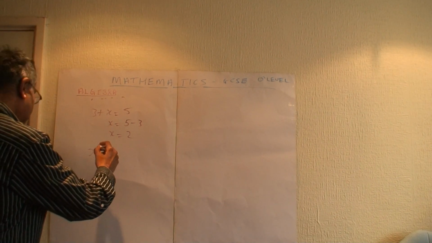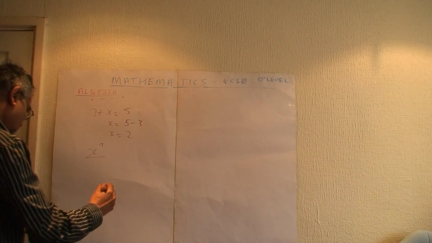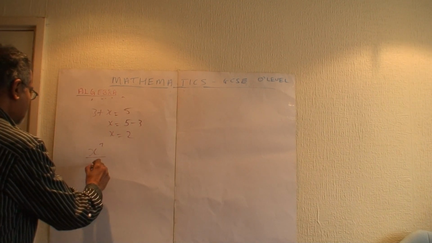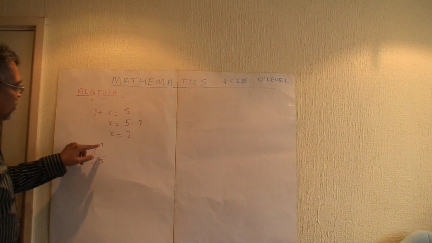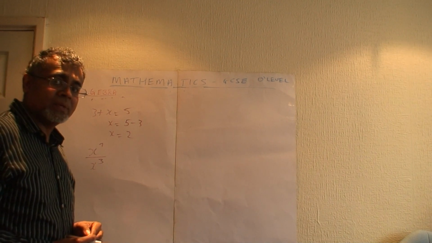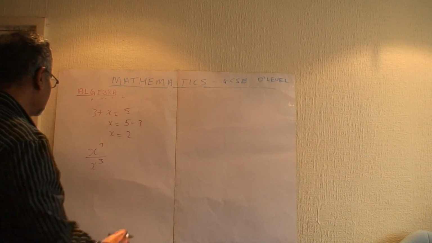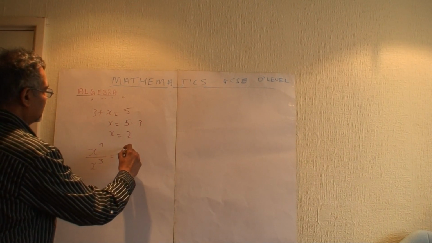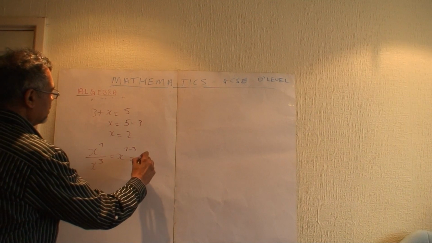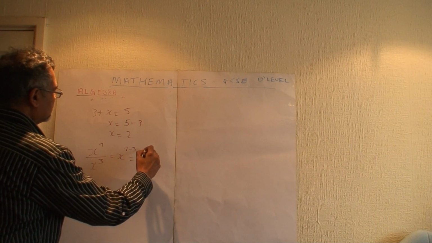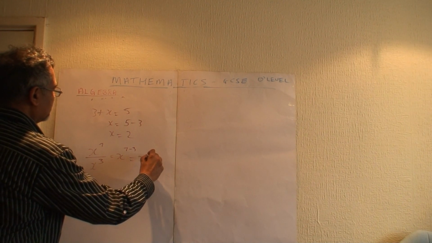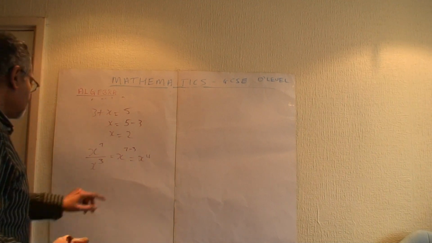What if we have something like this? x to the 7th power divided by x to the 3rd power. You divide the powers, right? What you do is subtract the powers. So that's x to the 7 minus 3, x to the 4th power.